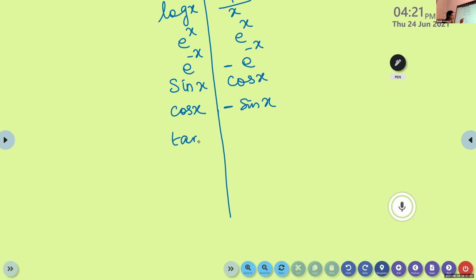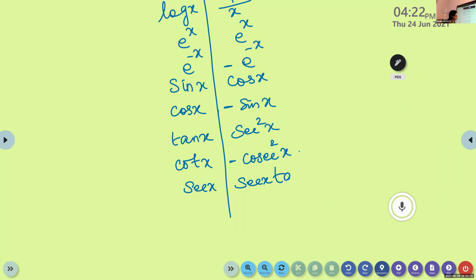Derivative of tan x is sec square x. Derivative of cot x is minus cosec square x.